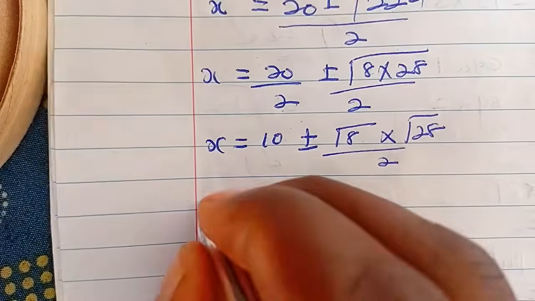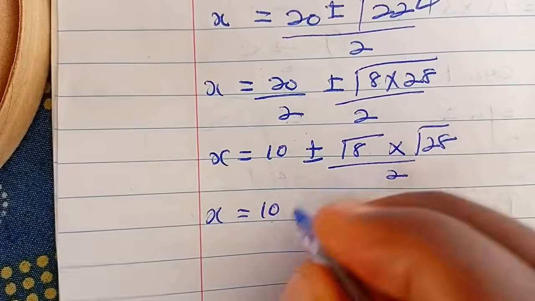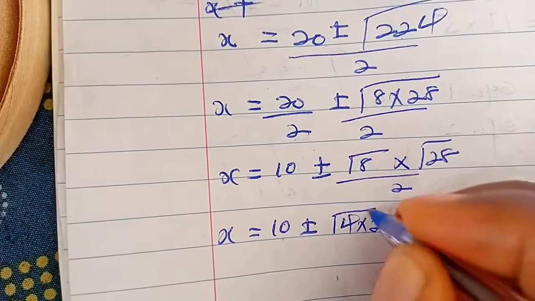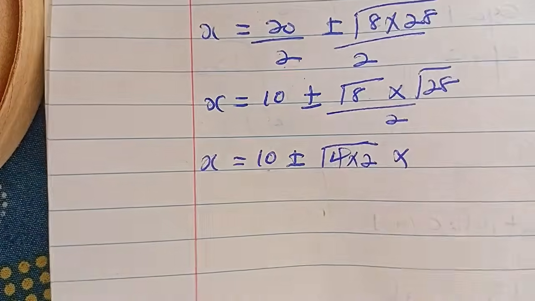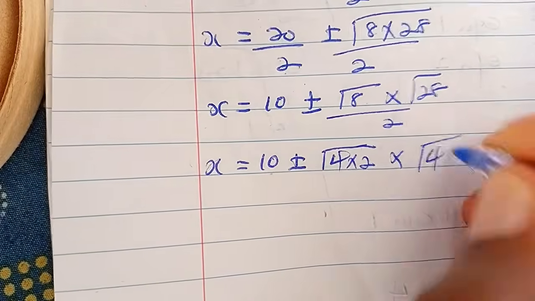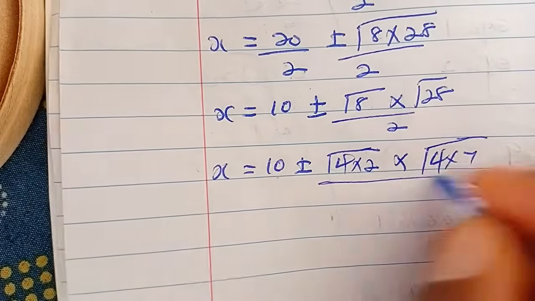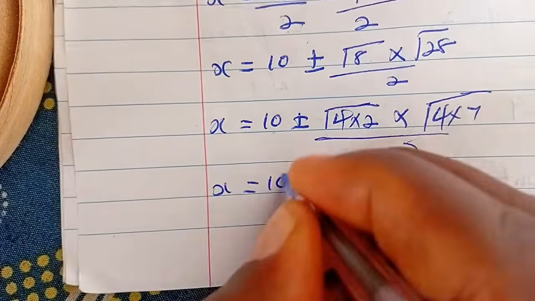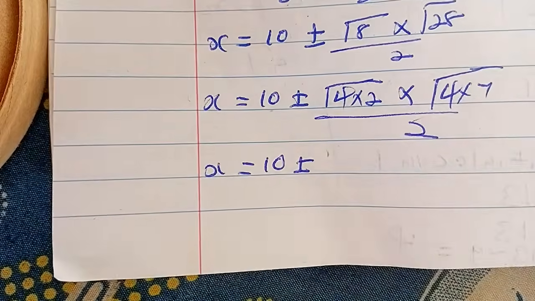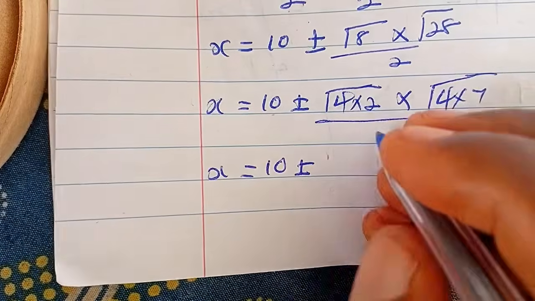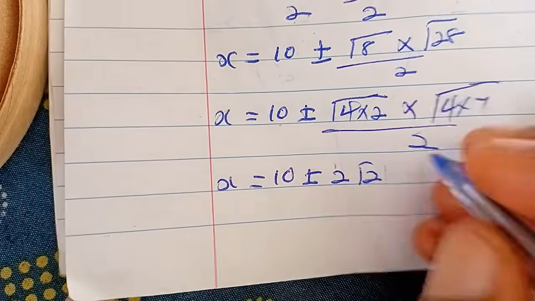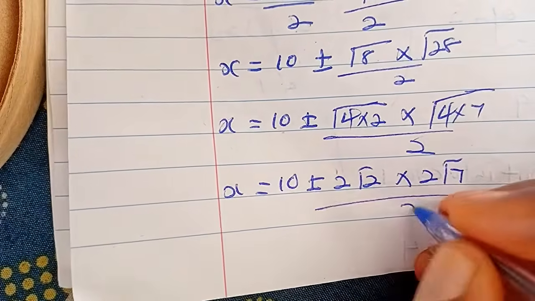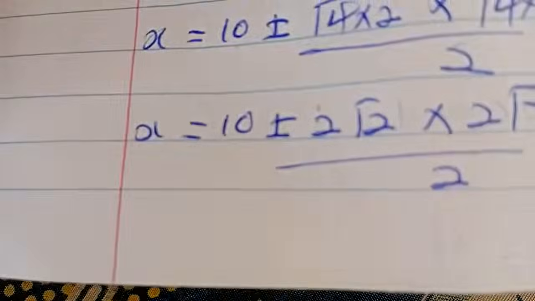So x equal to 10 plus or minus root of 4 times 2 times 4 times 7, all over 2. Root 4 is 2, so you're going to have 2 root 2 times root 4 is 2, so 2 root 7, all over 2.